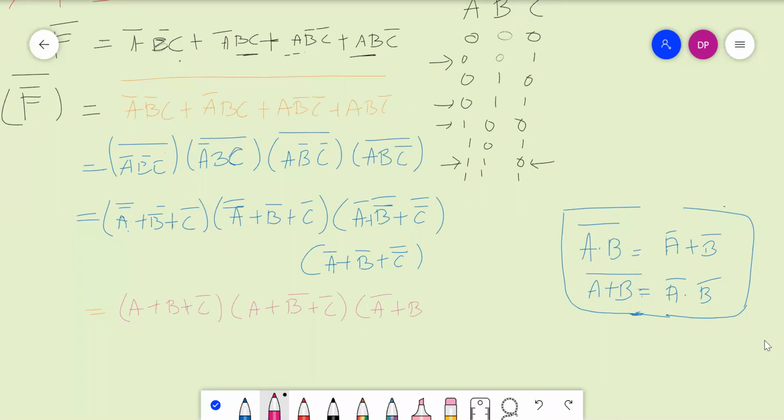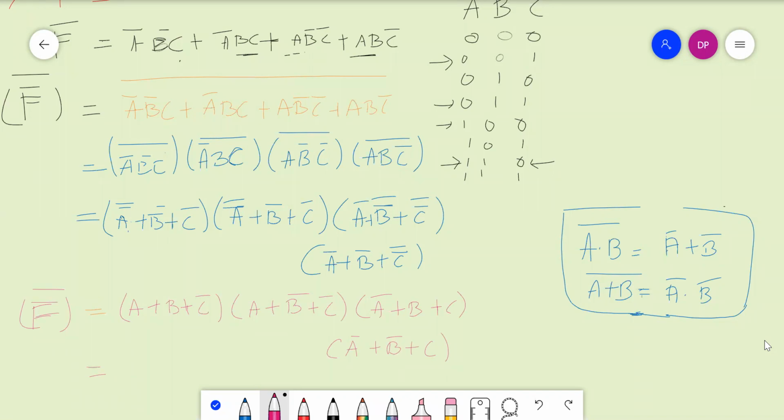This is A bar plus B plus C. This is A bar plus B bar plus C. So what is LHS? It is F complement's complement. Now F complement complement is F.